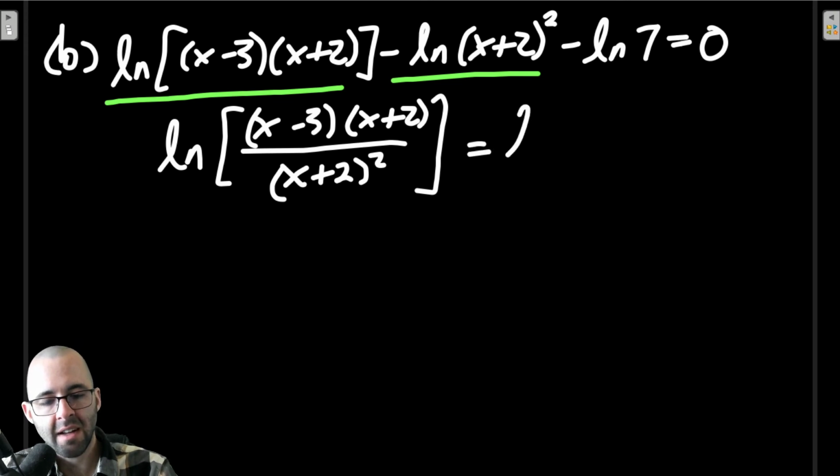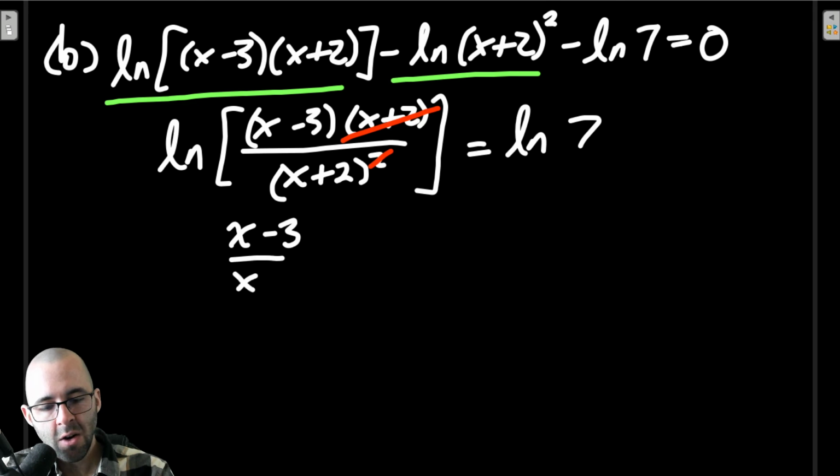Let's move that over to the right-hand side. And just like last time, if I have a natural log equal to another natural log, their insides must be the same. But even better, look at this. We have an x plus 2 up here, an x plus 2 over here. Those cancel. So when we set their insides equal to each other, it's actually something very nice. X minus 3 over x plus 2 has to equal 7.